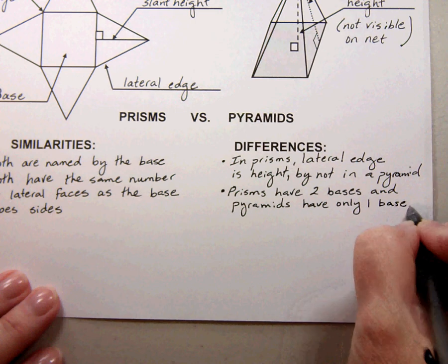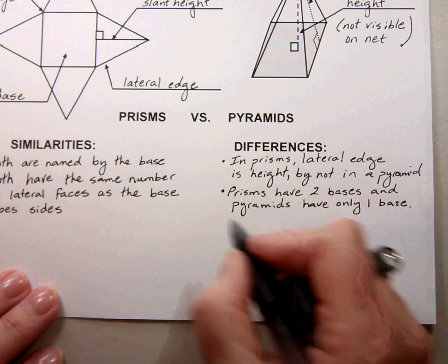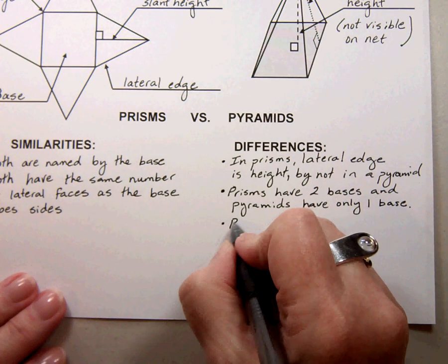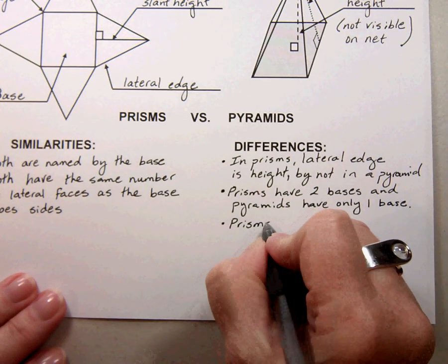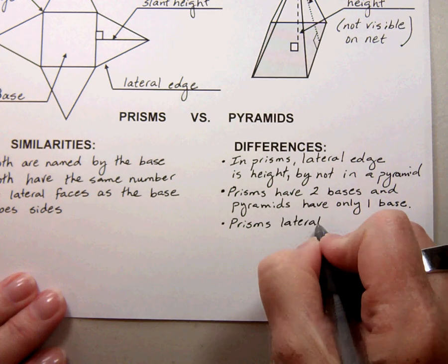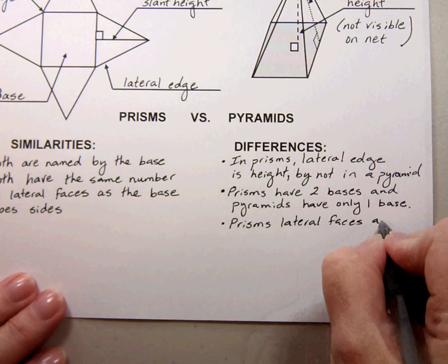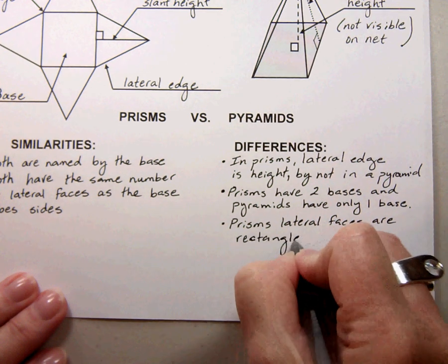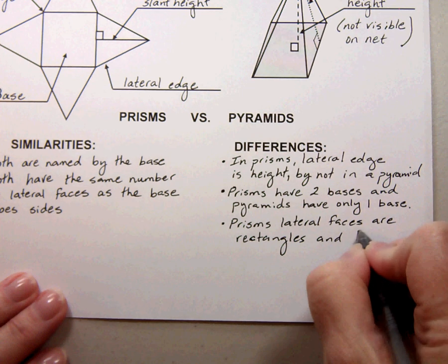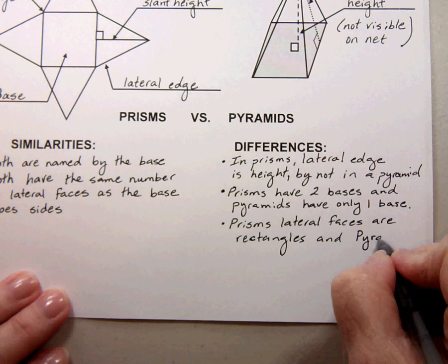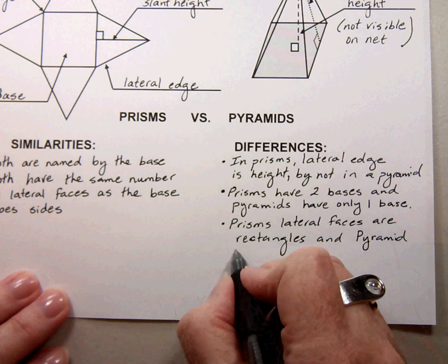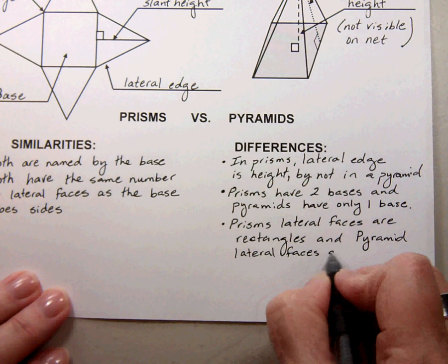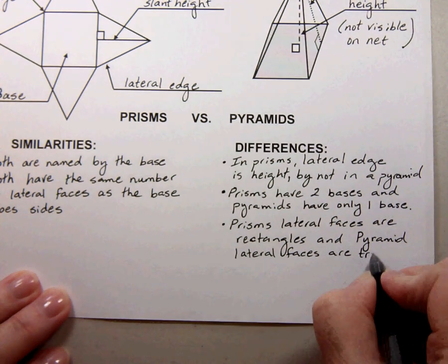Another difference is that prisms' lateral faces are rectangles, and pyramid lateral faces are triangles.